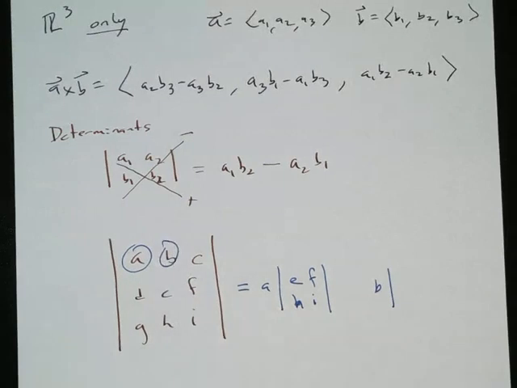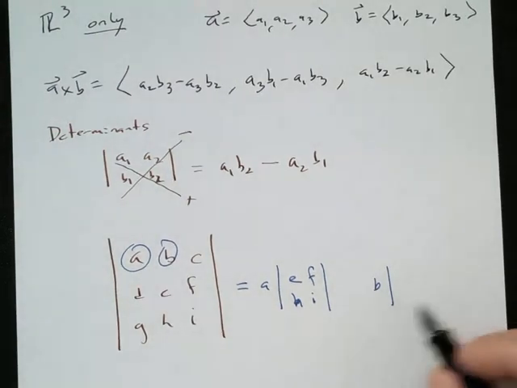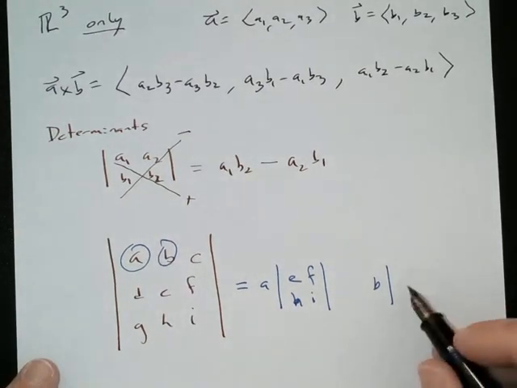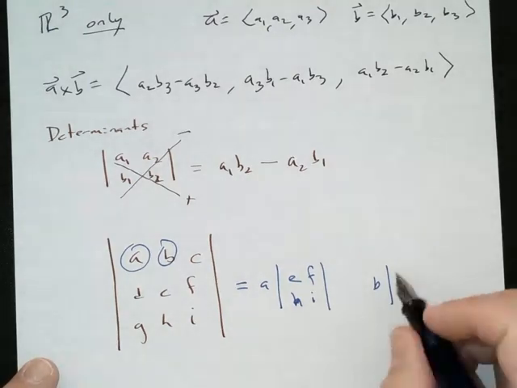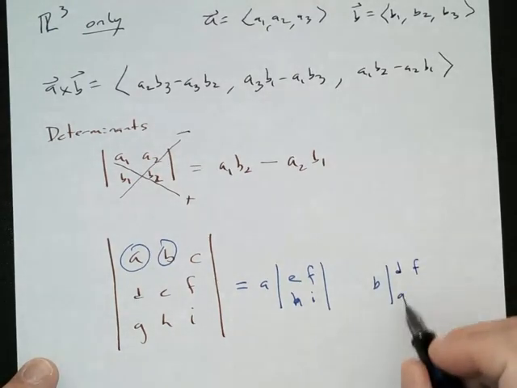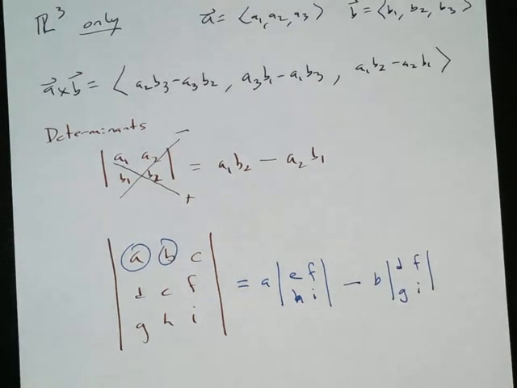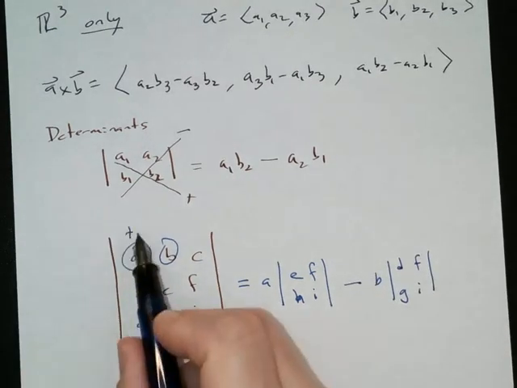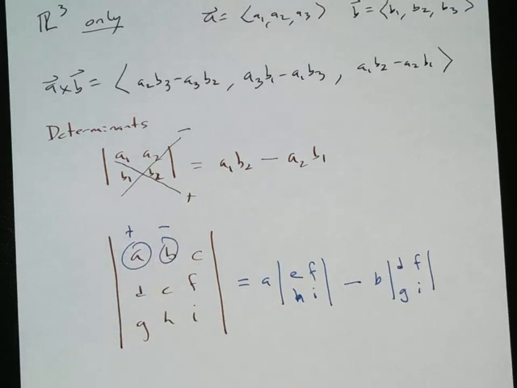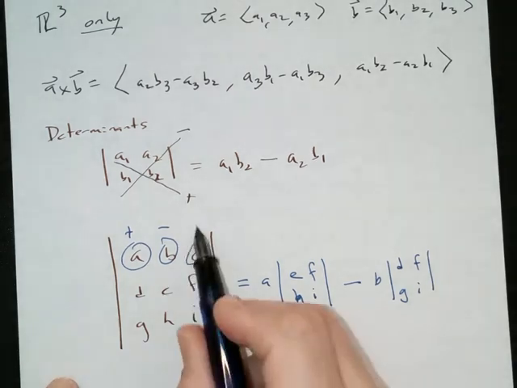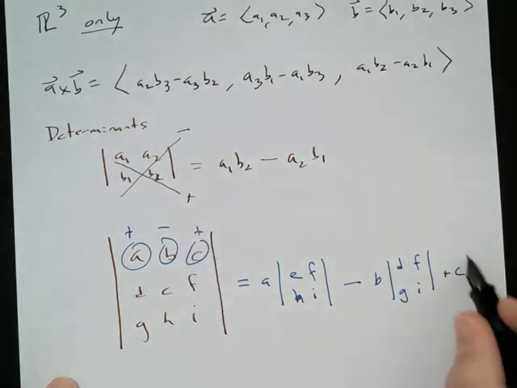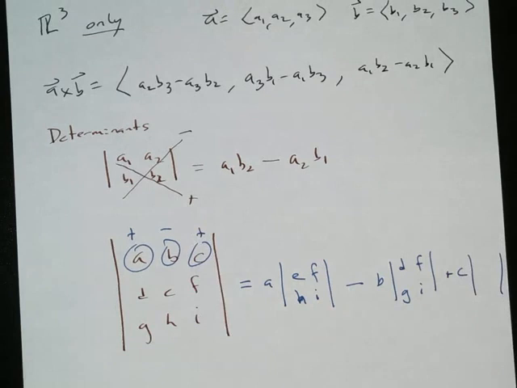When I do B, what's my submatrix, the minor? And that one is subtracted. So I start with a plus, I move over, I get a minus. I'm going to move over again. It's going to switch back. What's that minor?